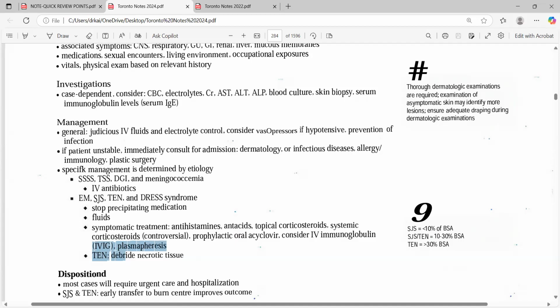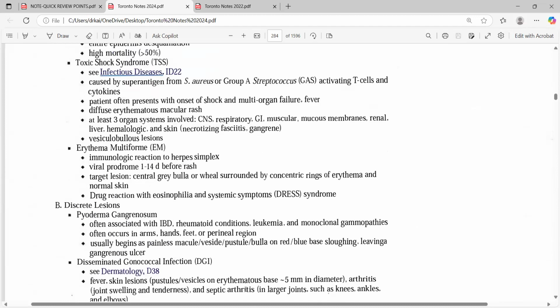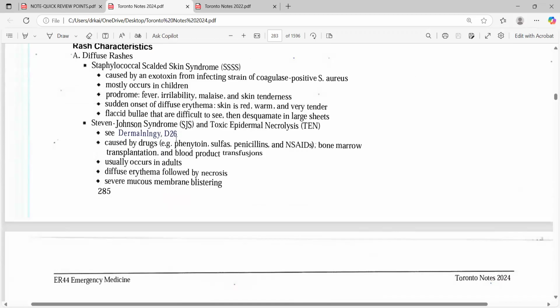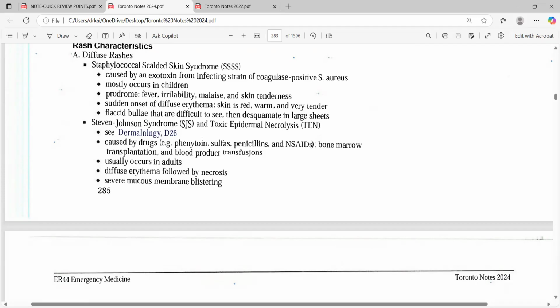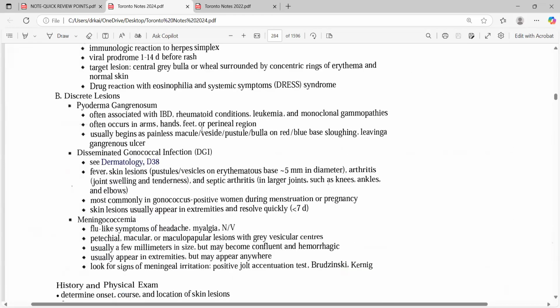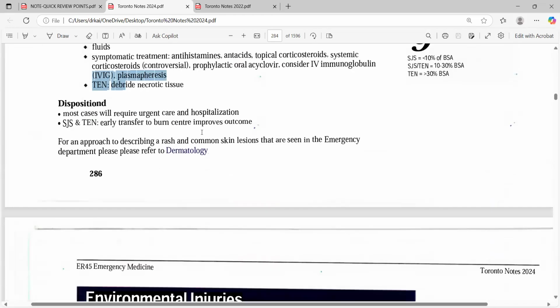So it's very, very important. As you can see, TEN and Steven-Johnson syndrome are not very common questions, but if you are the lucky one and you get this question, it will be hard for you to differentiate between them. So in that case, you need to know. That's about it.